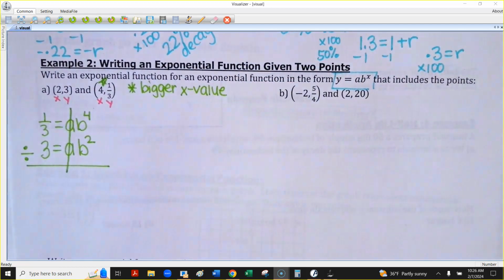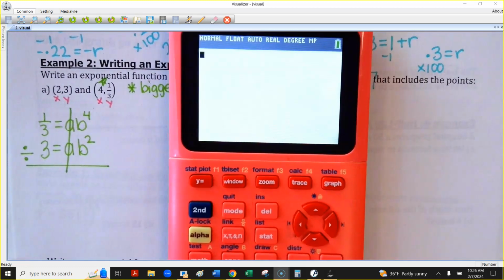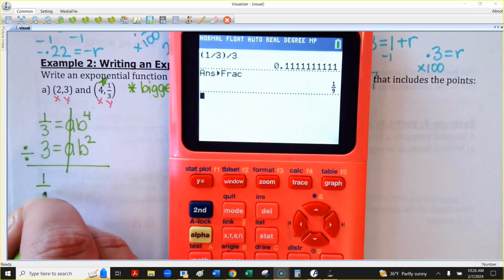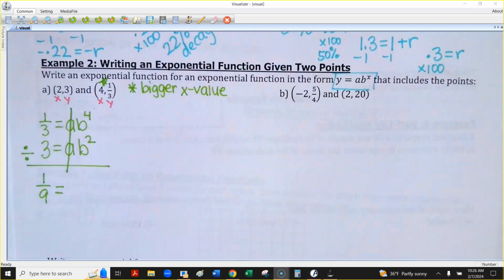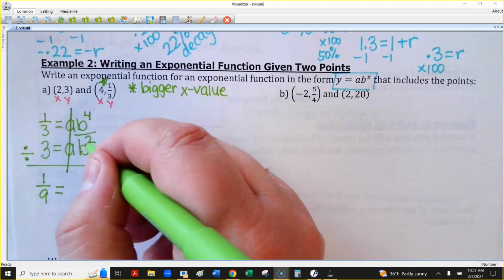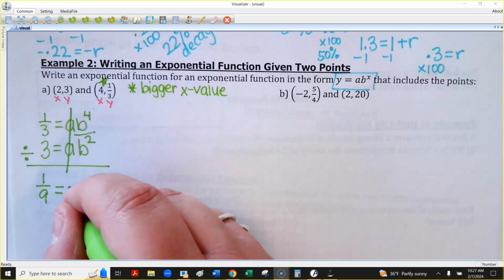Now you can do this by hand, but I'm going to grab my calculator because I'm going to be lazy today. I'm going to take 1/3 and divide it by what's underneath it, which is 3. I'll do my math, enter real quick, and this would be 1/9. Now I'm going to use exponent properties here. If I take b to the 4th divided by b squared, what would we get? b squared.